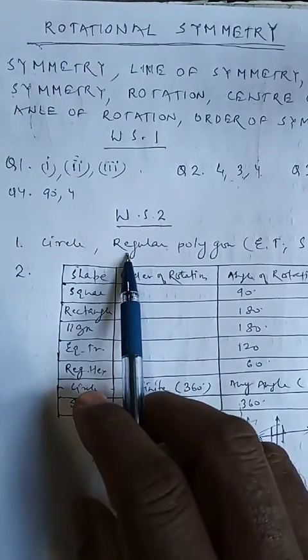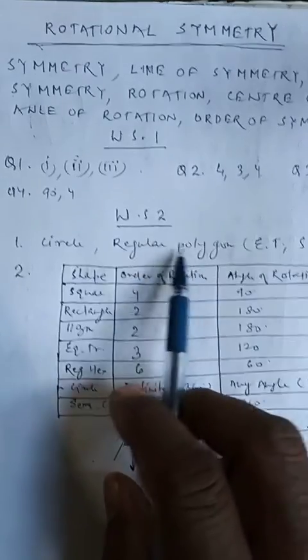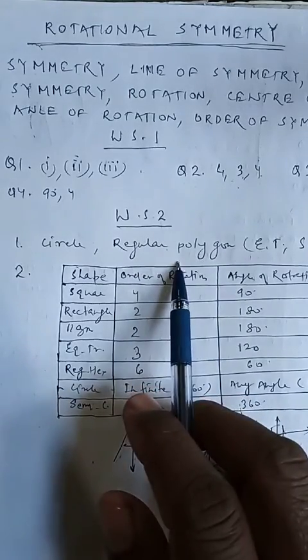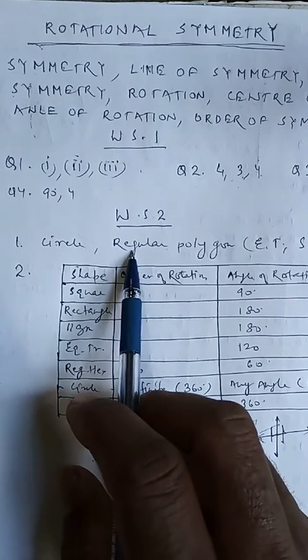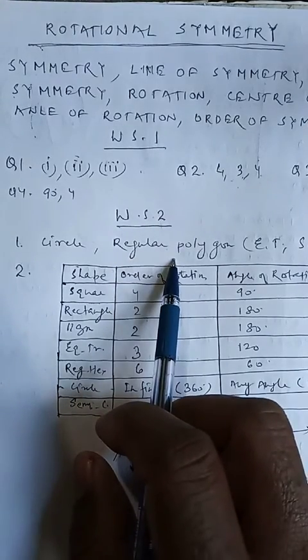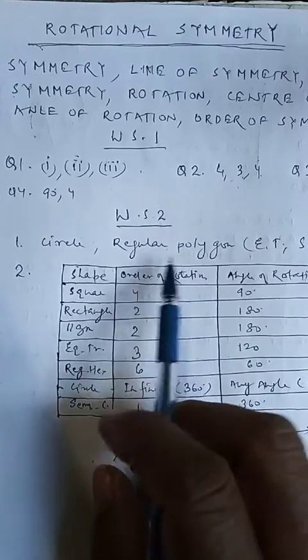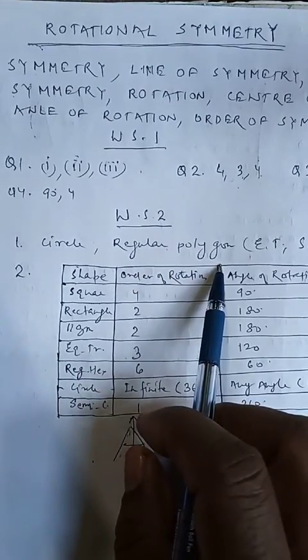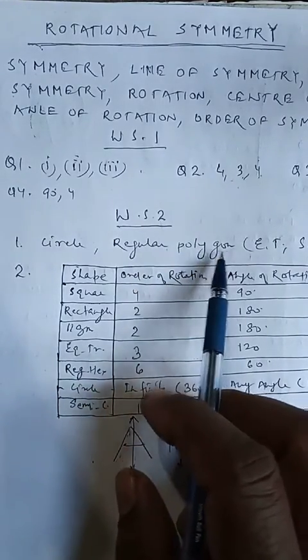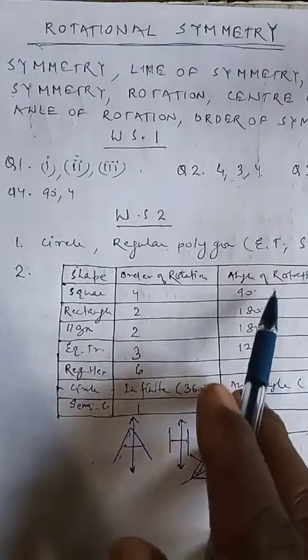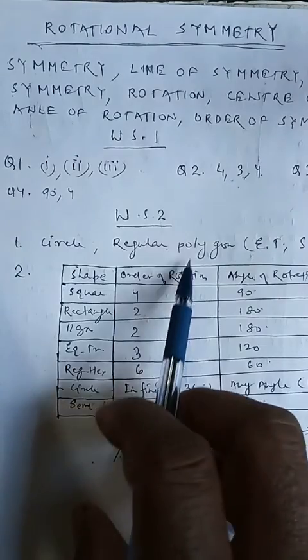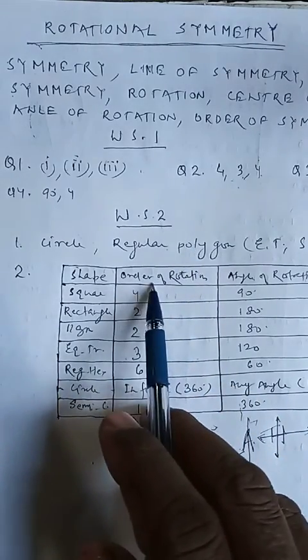Any regular polygon will also have both line symmetry and rotational symmetry. With 3 sides we can take an equilateral triangle. With 4 sides we can take a square, and for more sides you can take, for example, a regular pentagon or regular hexagon.